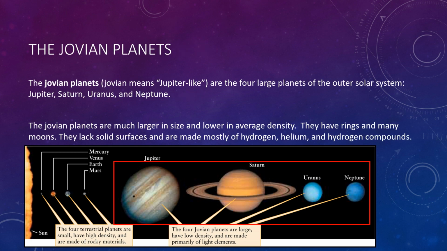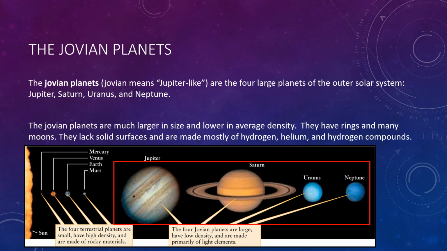The Jovian planets, where Jovian means Jupiter-like, are the 4 large planets of the outer solar system, that being Jupiter, Saturn, Uranus, and Neptune. The Jovian planets are much larger in size and lower in average density than the terrestrial planets, and they have rings and many moons. Their orbits are widely spaced at great distances from the Sun.